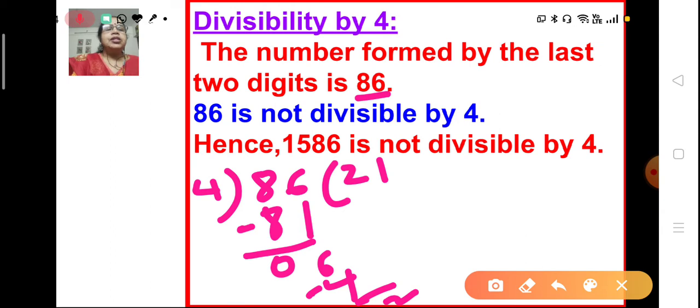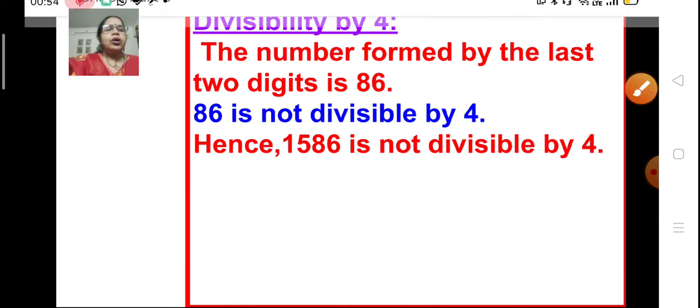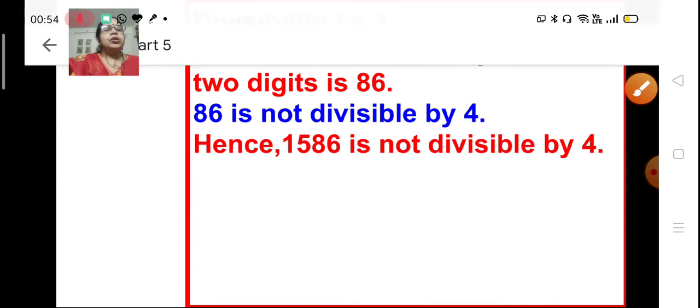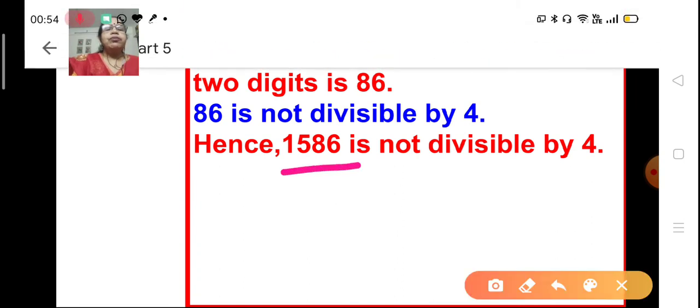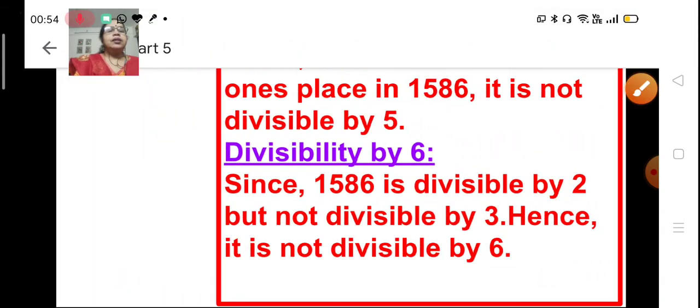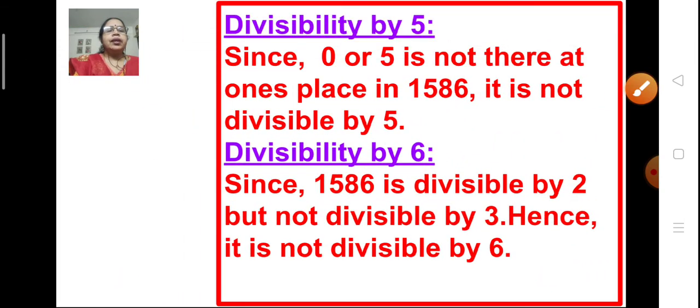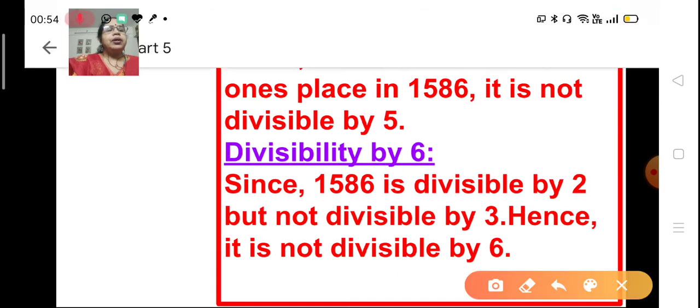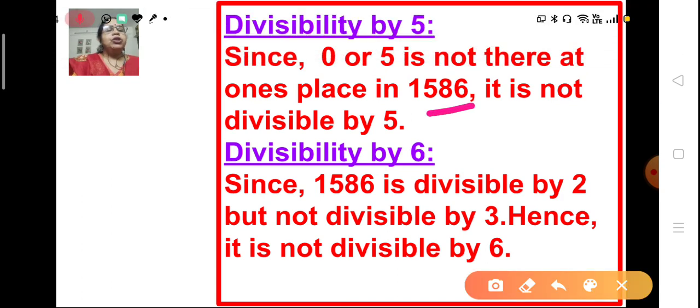So, this number is not divisible by 4. 86 is not divisible by 4. So, the number is also not divisible by 4. Now, let us check the divisibility by 5. We can see in this number in ones place we do not have 0 or 5. So, the number is not divisible by 5.